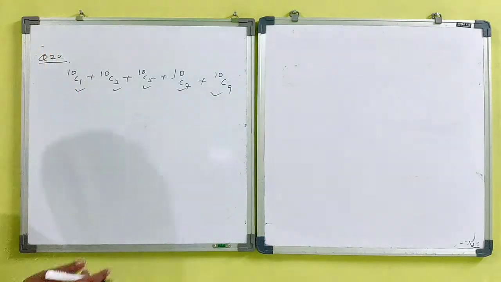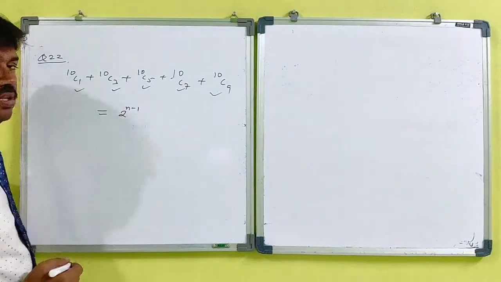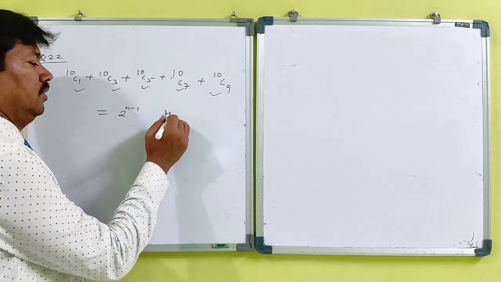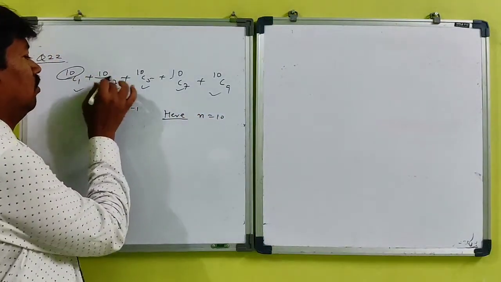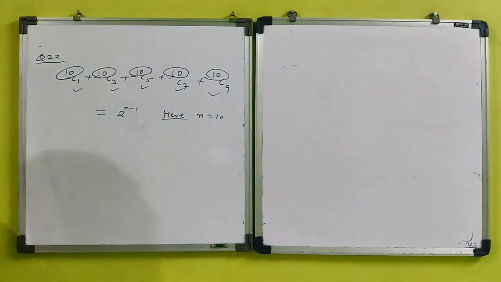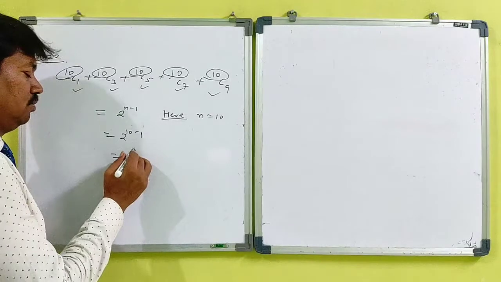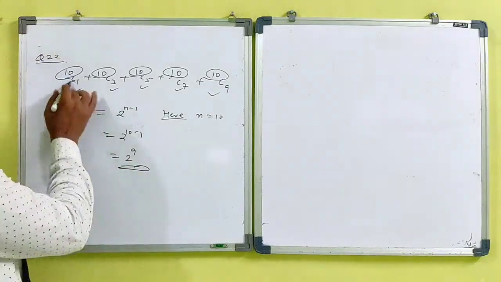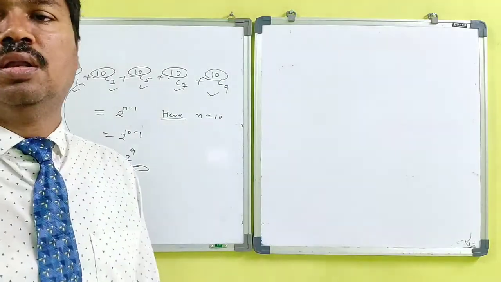So the formula is 2 raised to n minus 1. Here the value of n is equal to 10. So this becomes 2 raised to 10 minus 1. So the answer should be 2 raised to 9. The sum of this is given by 2 raised to 9.